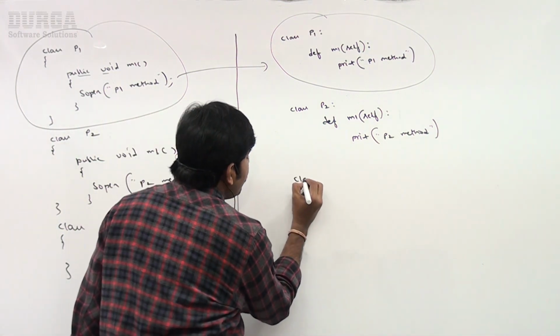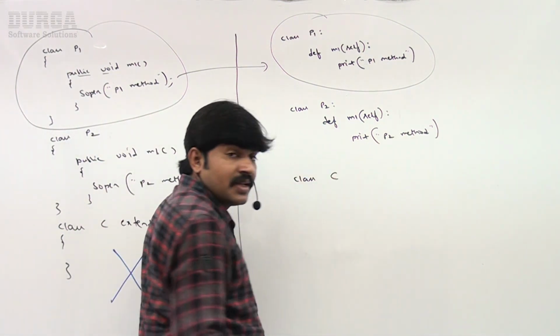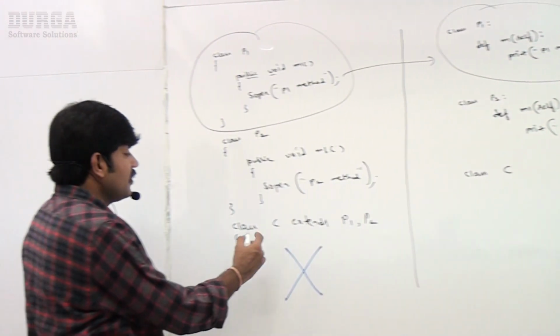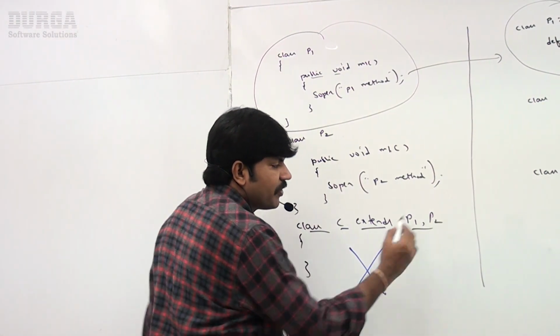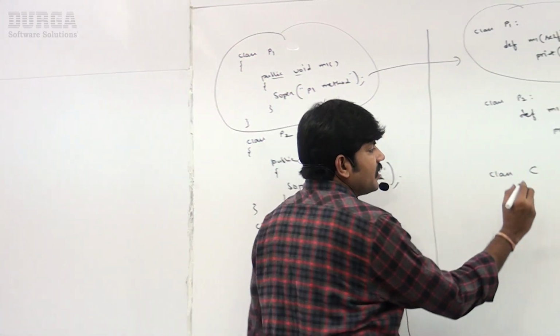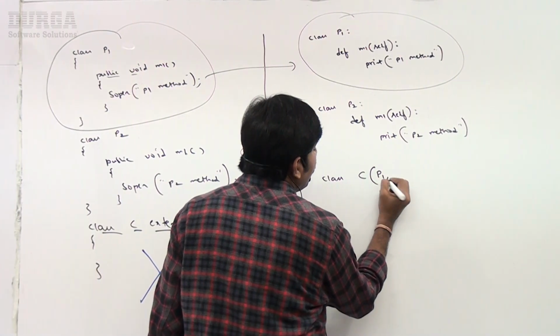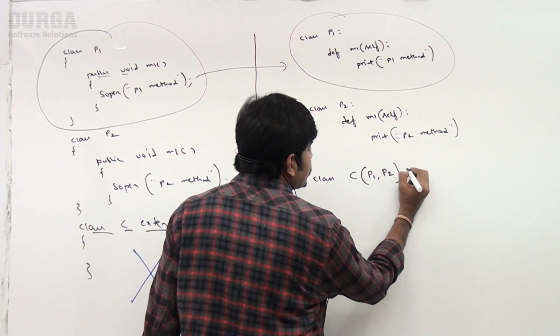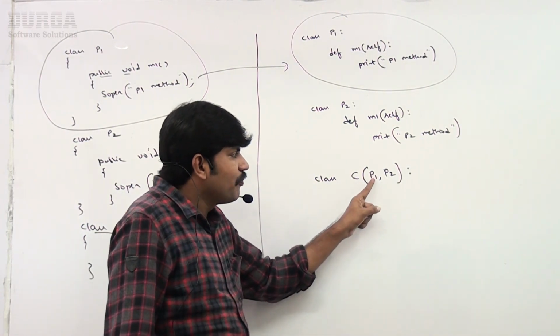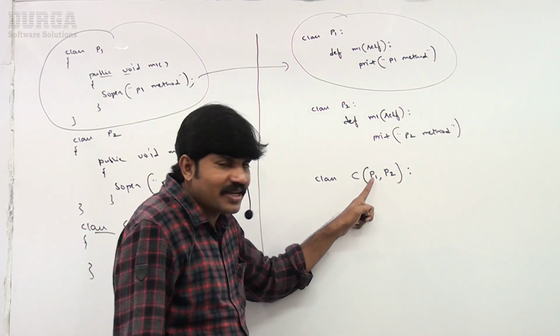Now I am ready to create the child class. How can you create a child class in Java? Class C extends P1, P2. Class C is the child of P1 and P2. In Python, within brackets you have to take the parent classes. What is the first parent I am taking?